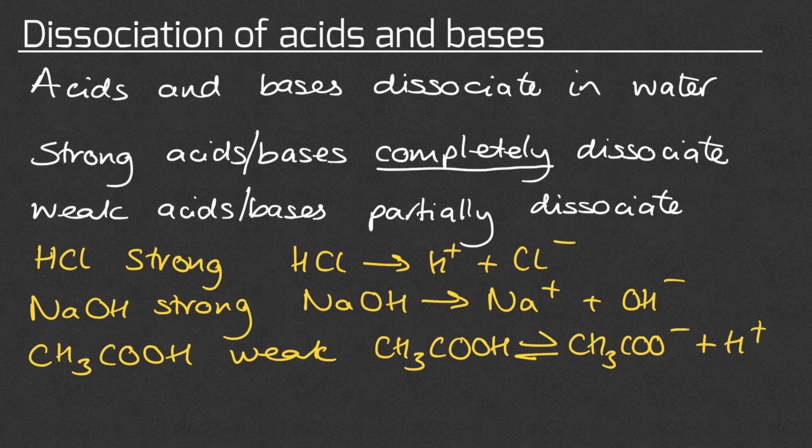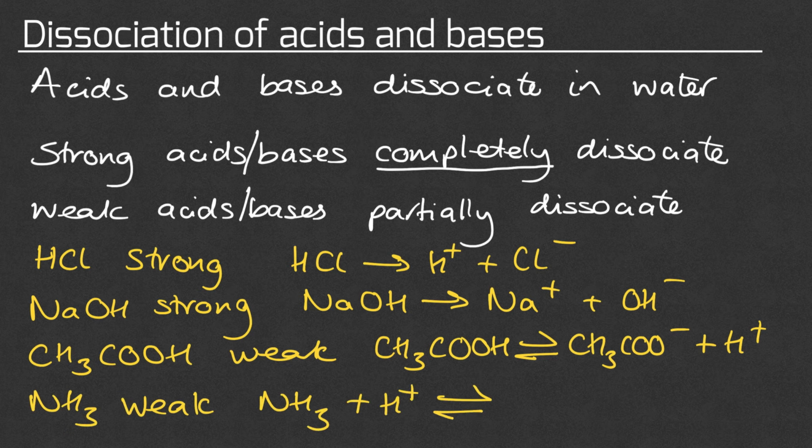Ethanoic acid is a weak acid, which is why it's in equilibrium with the ethanoate ion and the hydrogen ion. The equilibrium will lie quite far to the left. Not very much H+ will be released, not much dissociation has occurred. Likewise, ammonia is a weak base. It will accept some hydrogen ions, but again the equilibrium will lie quite far to the left.